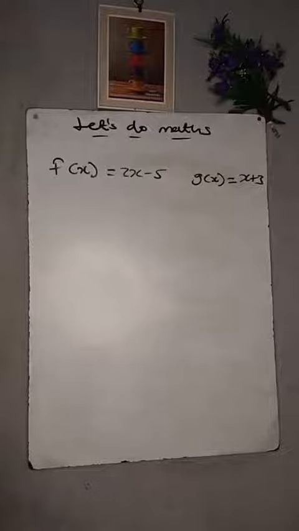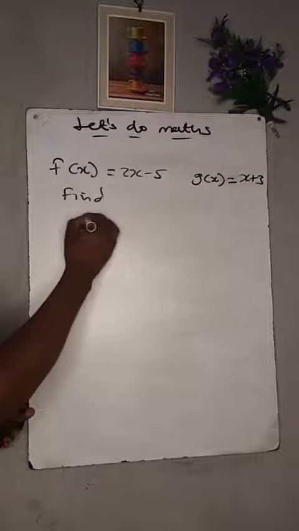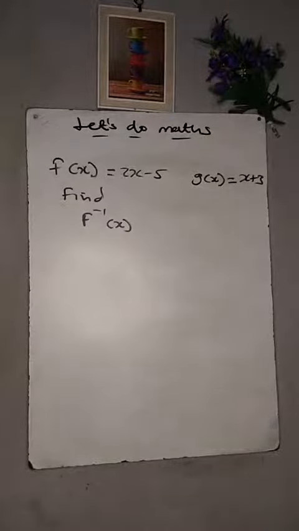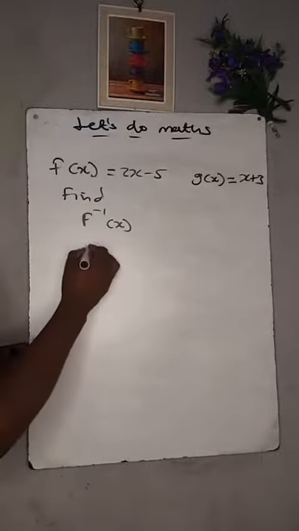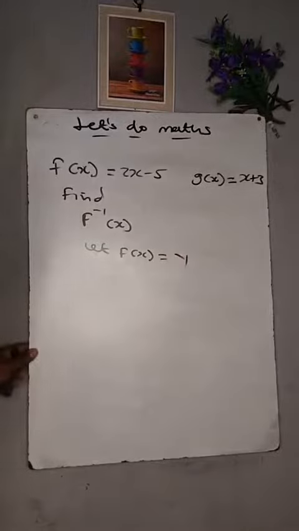All right. So the first question is saying find the inverse of this function. So now how do we find the inverse of that? What we do, my good friend, is we introduce, or rather say, let f of x be y.